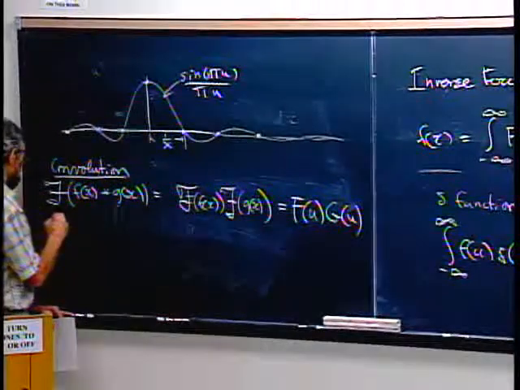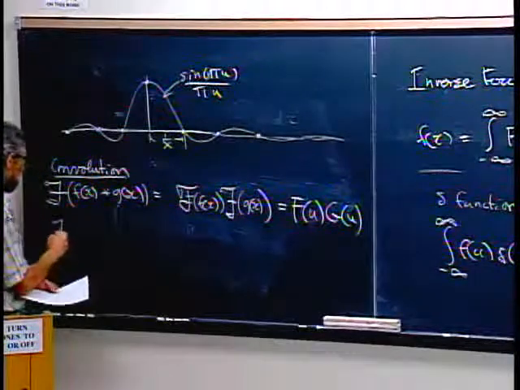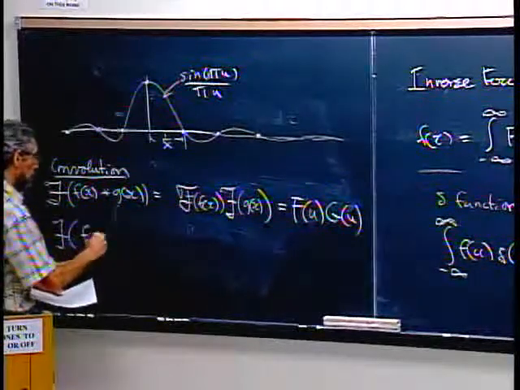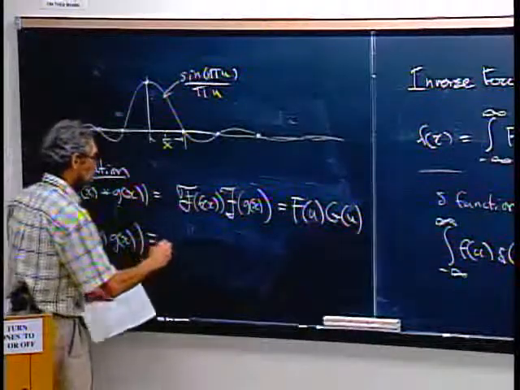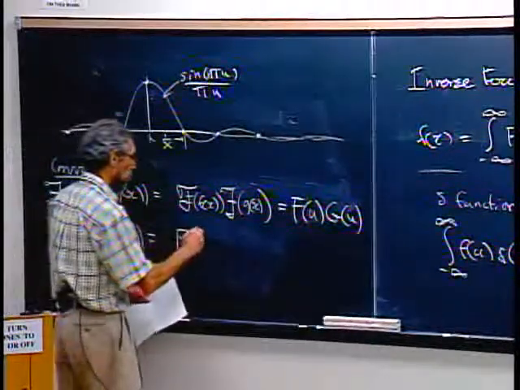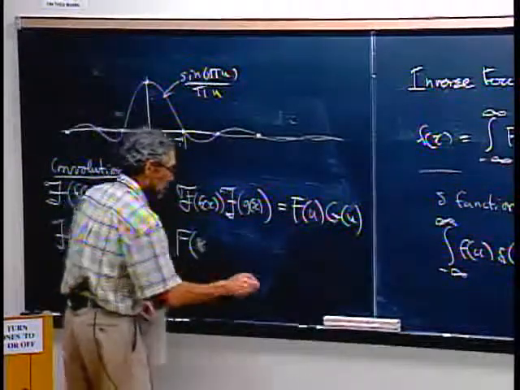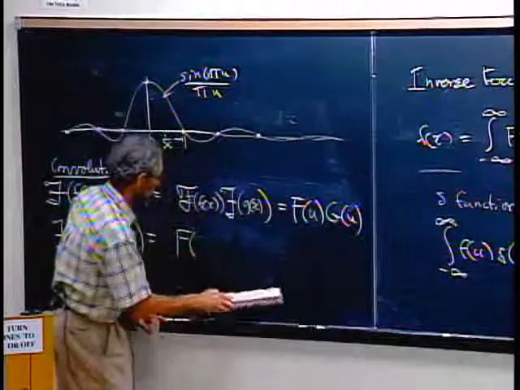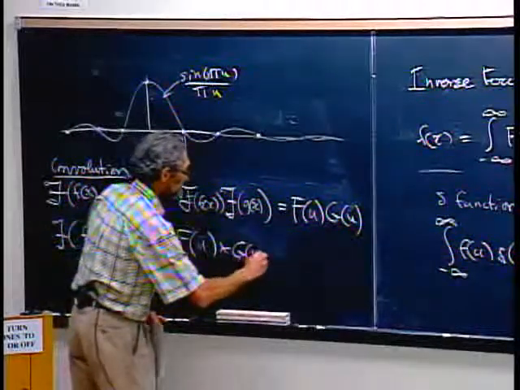And similarly, the Fourier transform of a product equals the convolution of the Fourier transforms, F of u convolved with G of u.